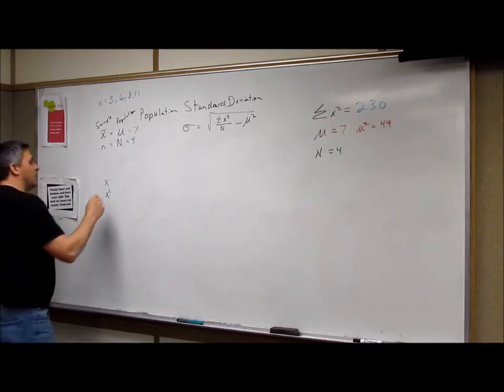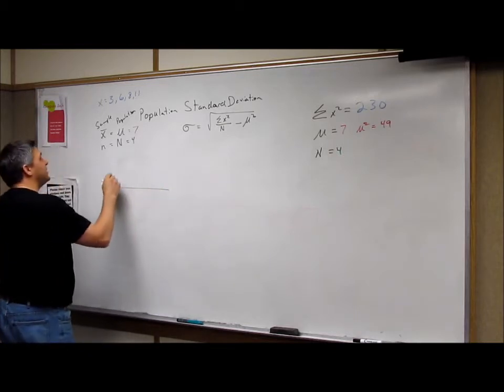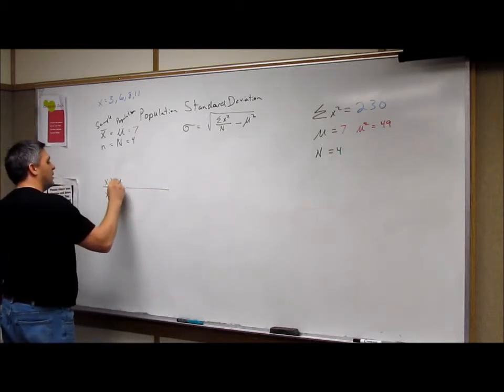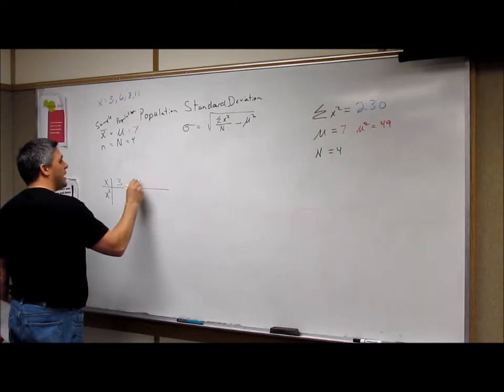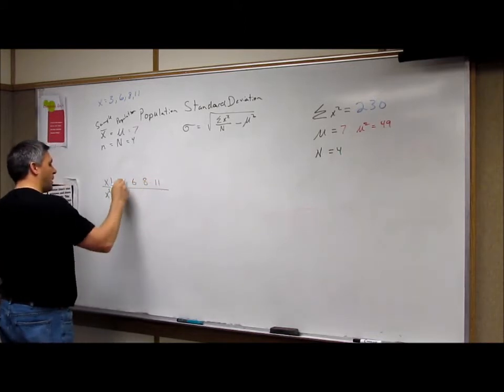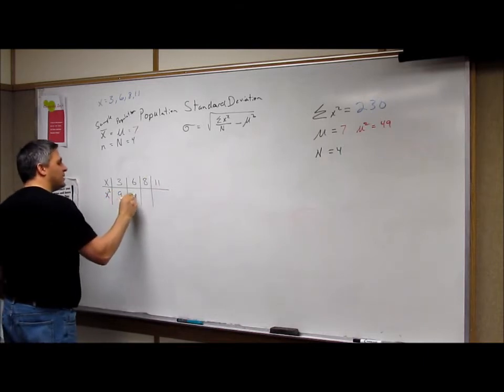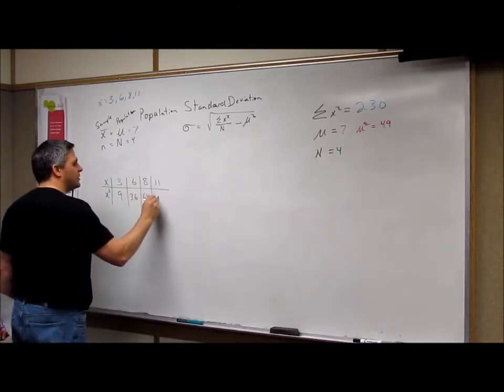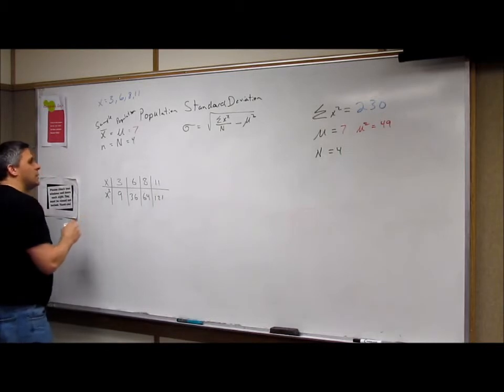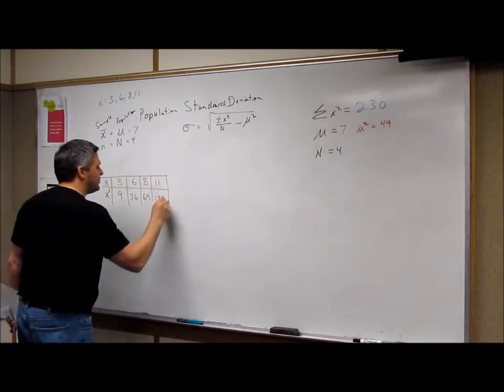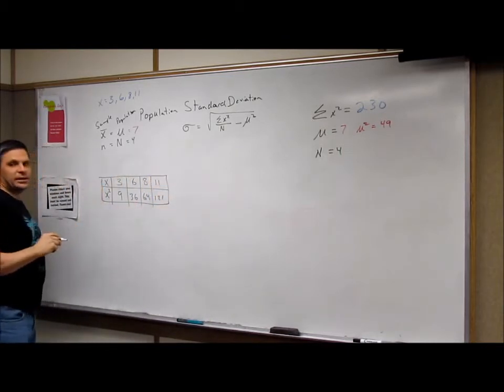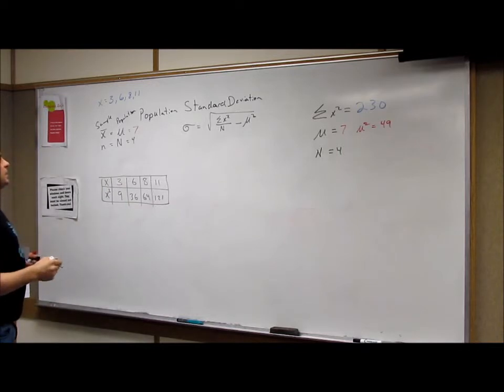My x's are 3, 6, 8, and 11. So my x squares are 9, 36, 64, and 121. Good. That's my matrix so far. What else do I need?